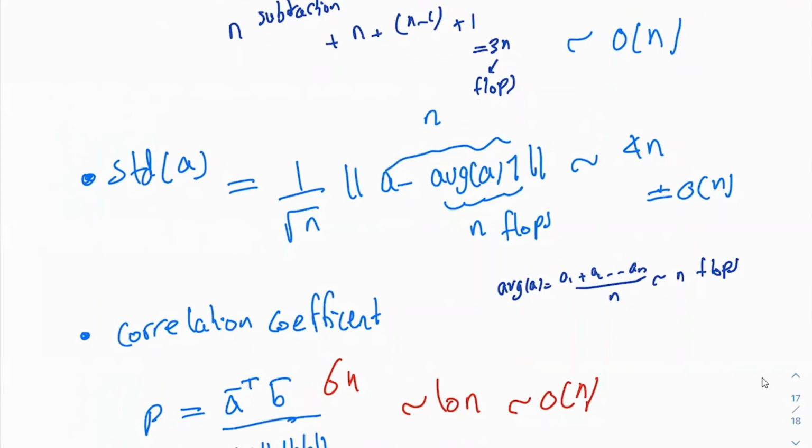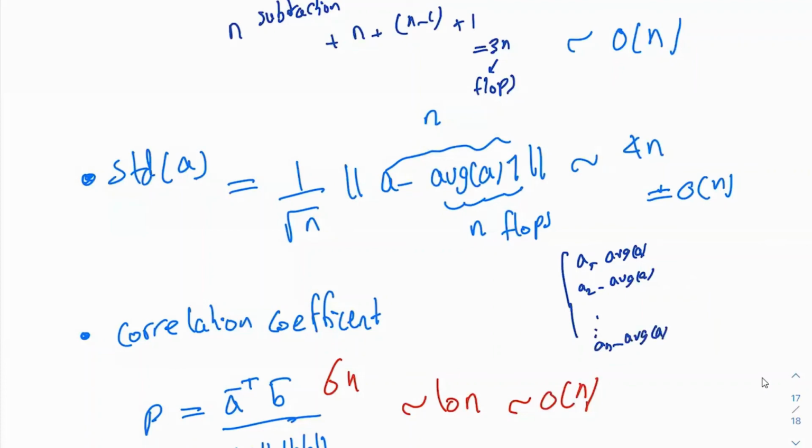A minus this is a vector subtraction. Remember, it's a vector subtraction. It's like this: A1 minus average of A, A2 minus average of A, An minus average of A. So you have n subtractions here as well. Now we don't care about the 1 over the square root of n.